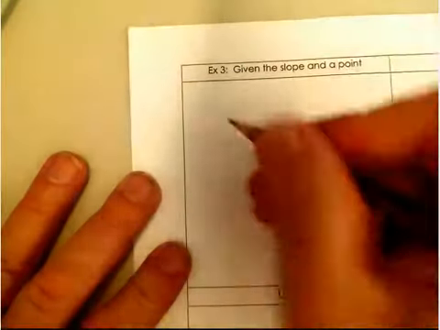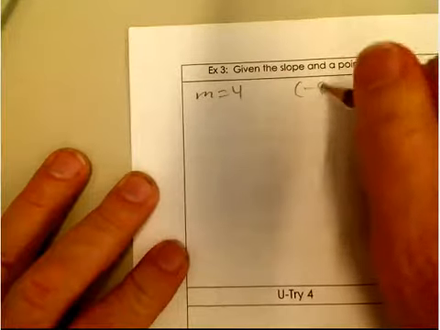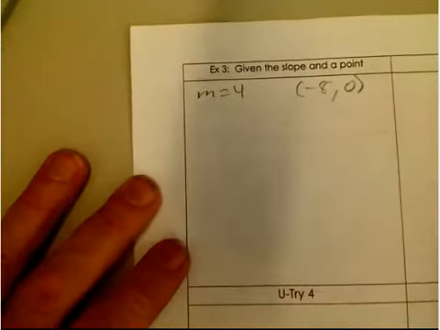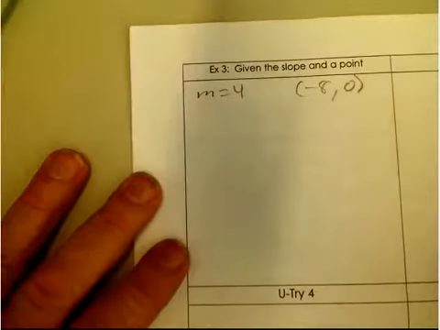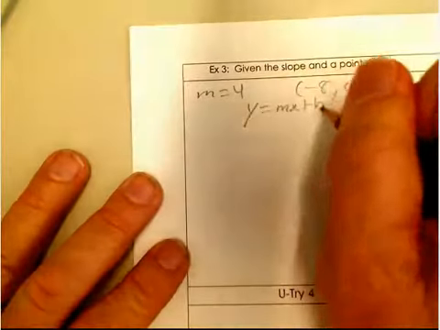All right, here's our next example. This time we're going to be given a slope and a point. What I do is I figure out the y equals mx plus b equation first, and then I turn that into standard form. So if our slope is 4, and our point is -8, 0, first thing I want to do is put it into slope-intercept form. So I write y equals mx plus b.